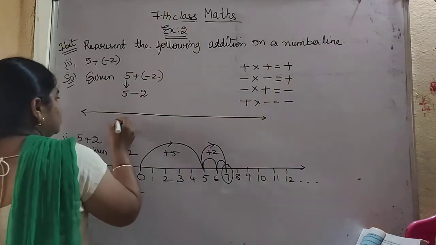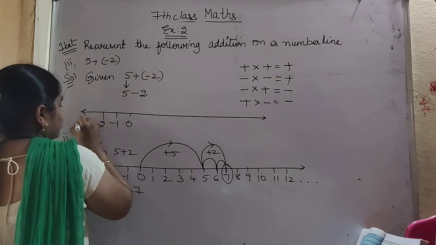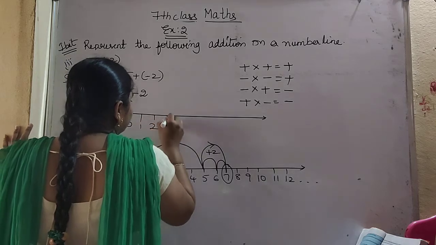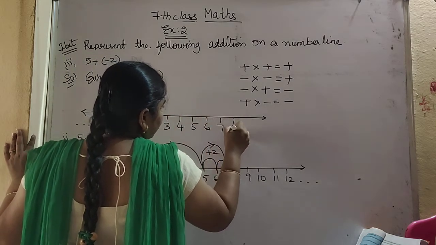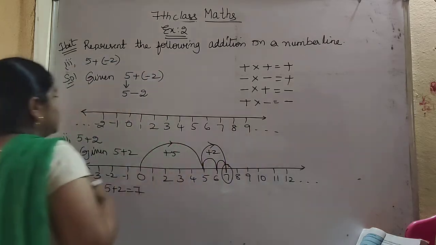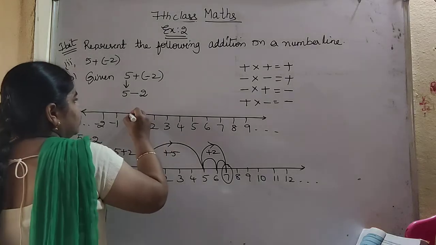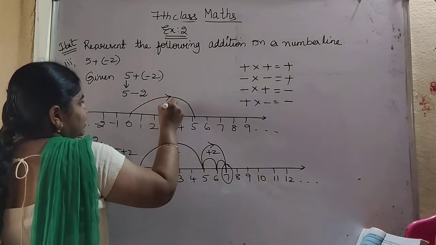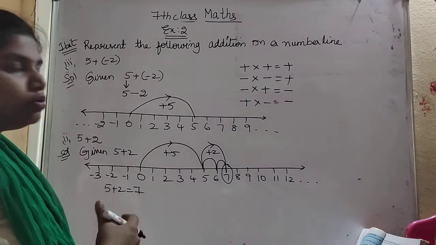Okay. So now 1, 2, 3, 4, 5, 6, 7, 8, 9 and so on. So the first number 5 is a positive number, so we have to move to the right side, that is 0 to 5. This is plus 5. And minus 2, minus is a negative value, so we will move to the left side.